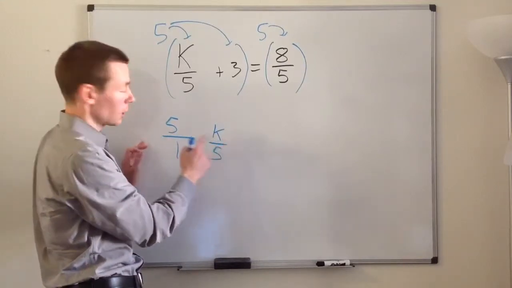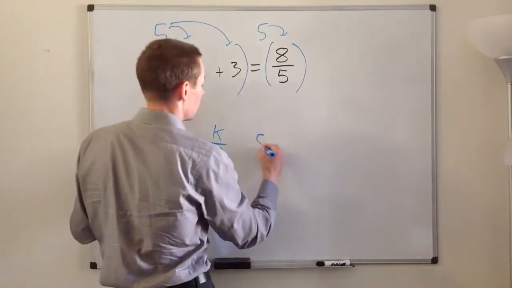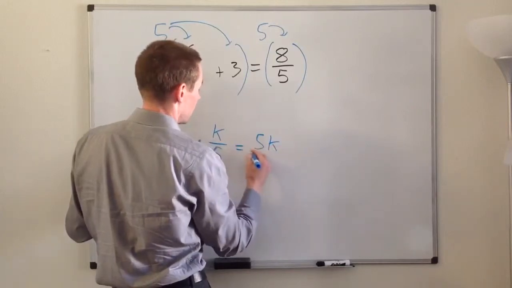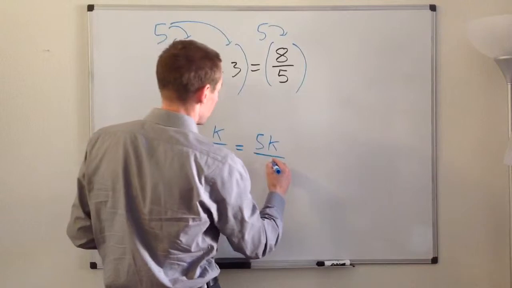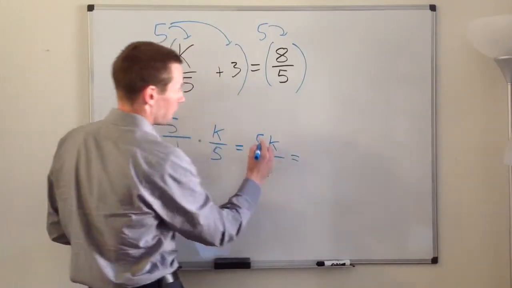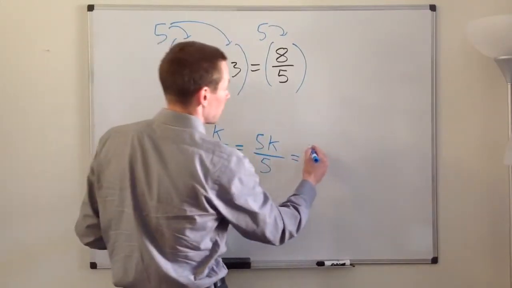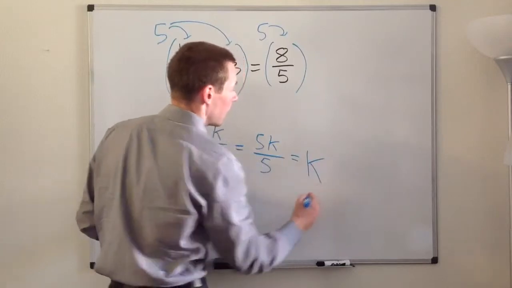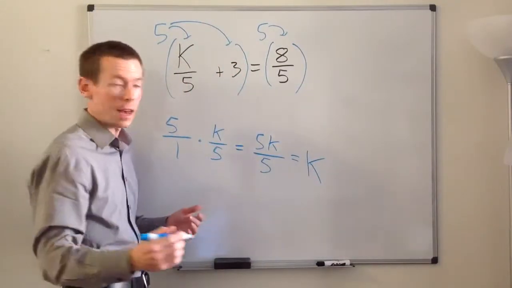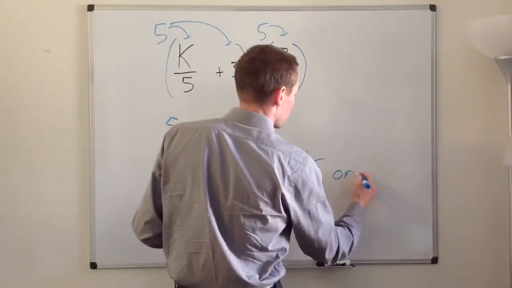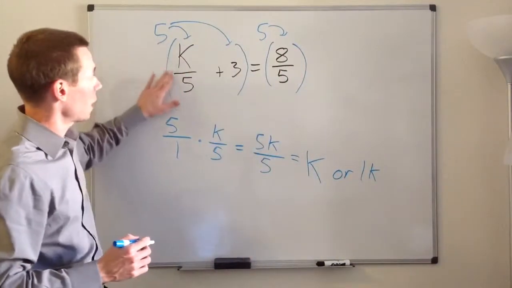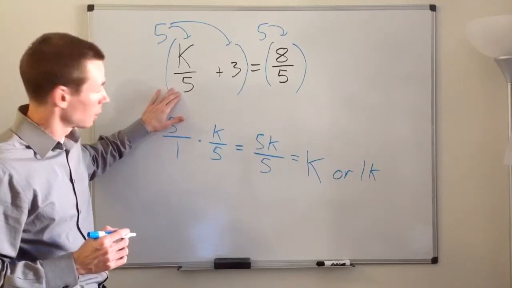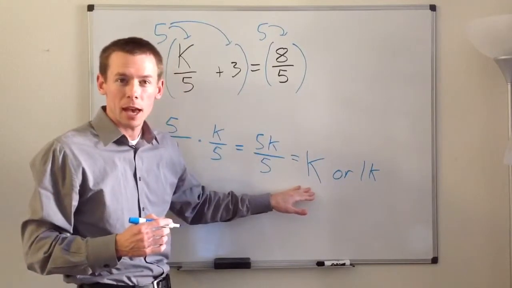Multiply across. 5 times k is 5k. 1 times 5 is 5. And 5 divided by 5 just becomes k or 1k. So 5 times k over 5 becomes just k.